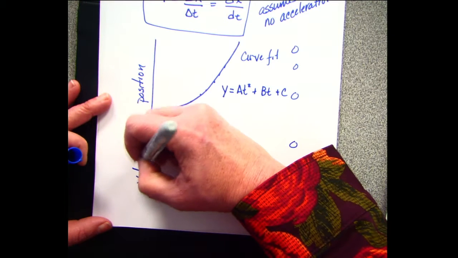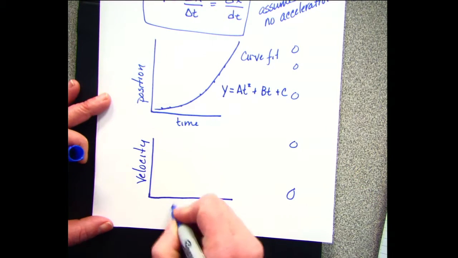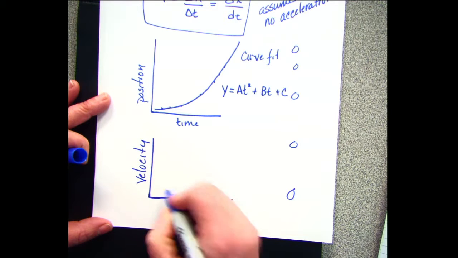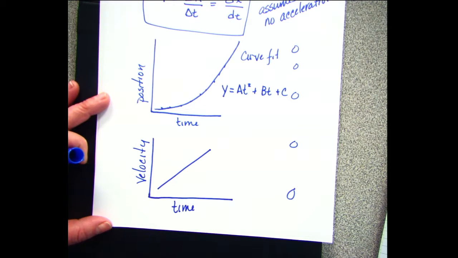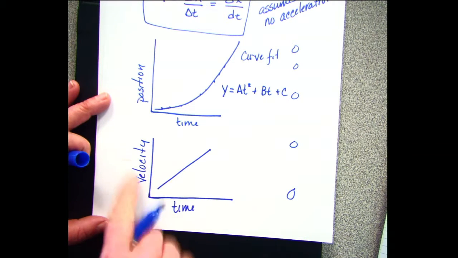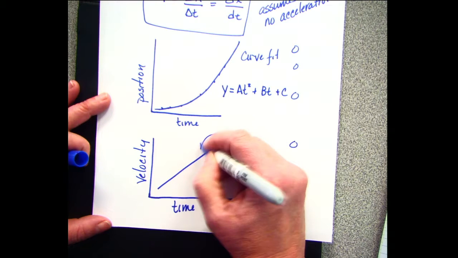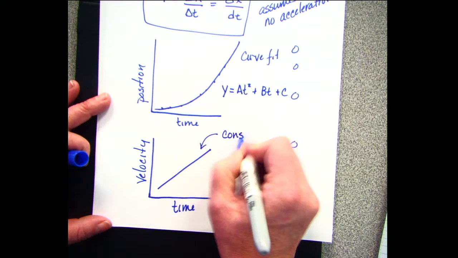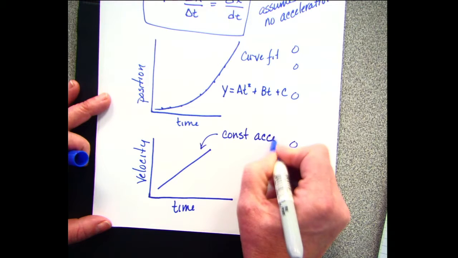But now if I do a velocity versus time graph, I end up with a straight line. And if I end up with a straight line on a velocity versus time graph, that tells me I have a constant acceleration.